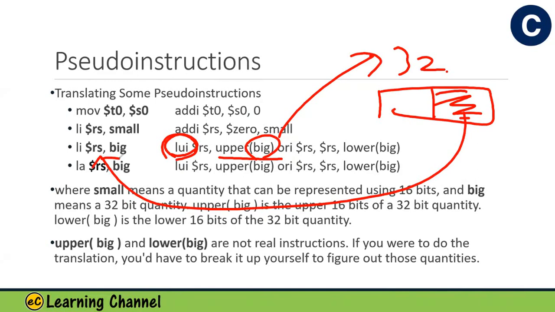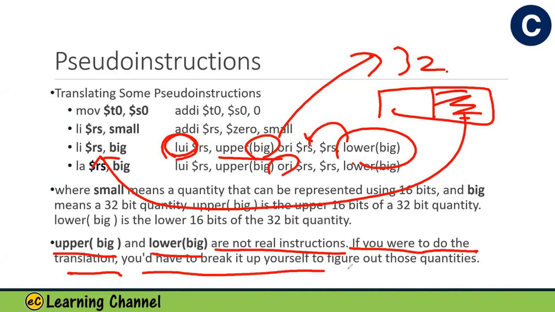And you can also load the lower part of the peak and then combine it using the ORI instruction. So upper of the peak and lower of the peak are not real instructions. If you were to do the translation, you will have to break it yourself, and figure out what the quantity is.